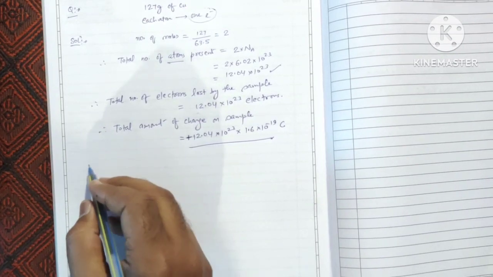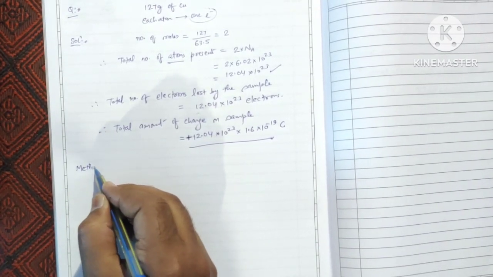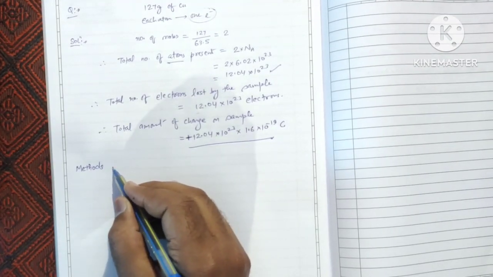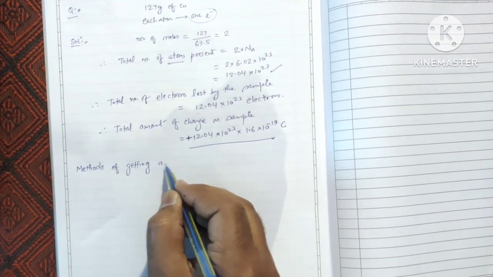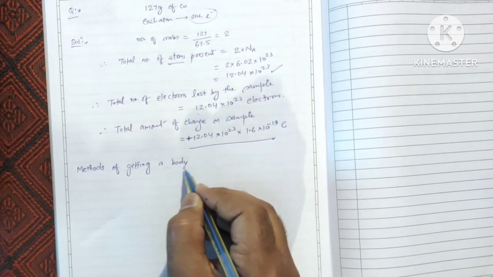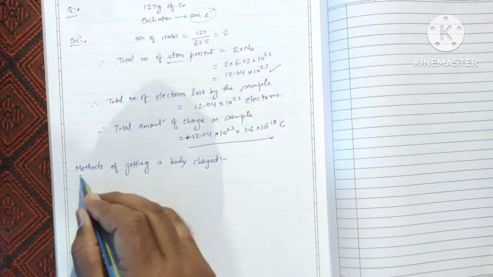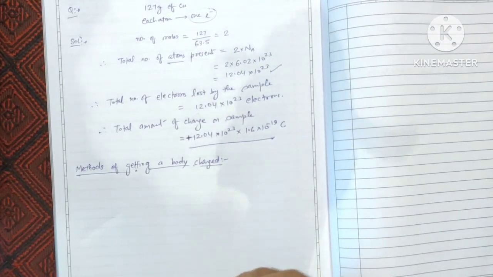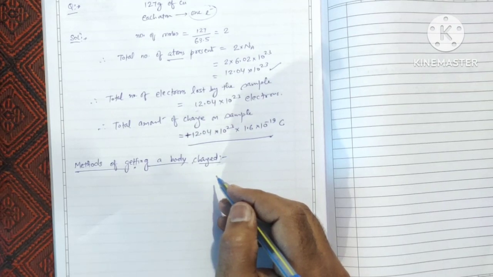Now after this let me introduce a very important thing about the methods of getting a body charged. We have a body and we need to give some charge to it. I am going to explain how we can give some charge to a body.